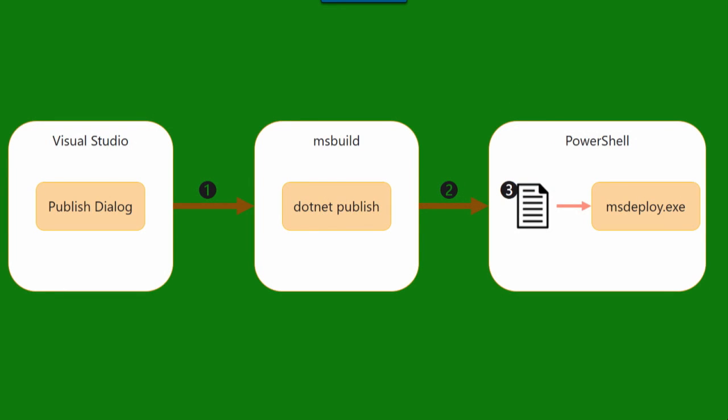We've got Visual Studio. You open the publish dialog, and then when you click publish, a couple things happen. First, we call the command line utility dotnet build to actually build your project. And then after that, we call dotnet publish to take your application and put that into a folder that's basically ready to be published to the final destination.